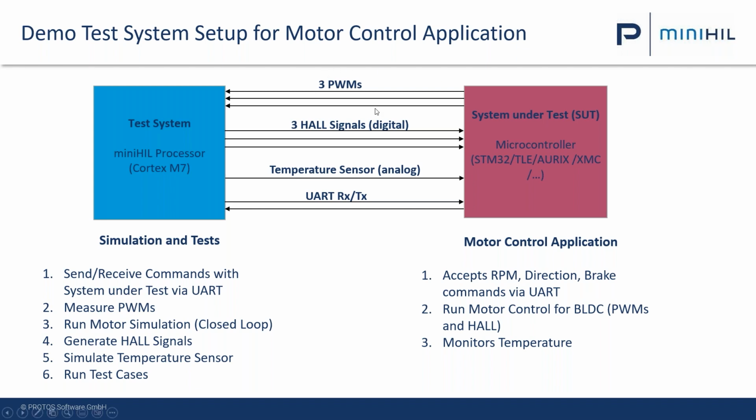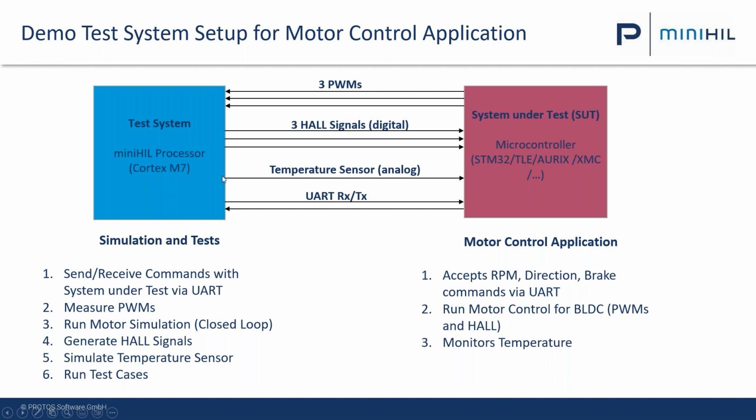It generates 3 PWMs, block commuted with block commutation. Then we run the motor plant simulation, and the simulation generates 3 Hall signals as digital signals. So the motor really runs in closed loop simulation together with the plant simulation.